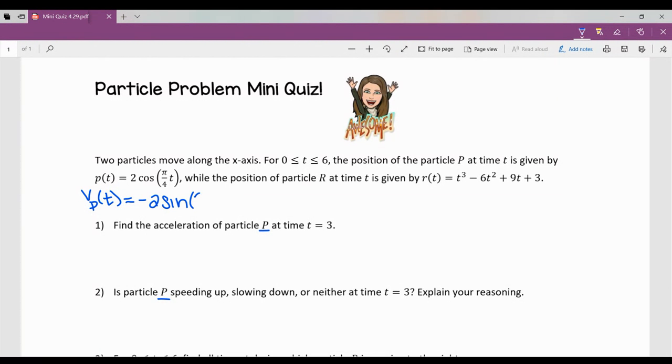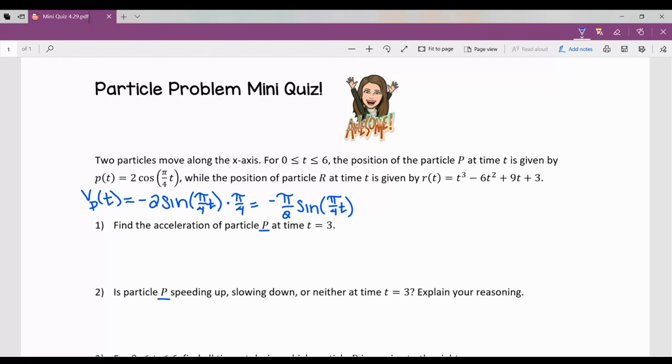I keep the inside the same. Then I multiply by the derivative of the inside, which is pi over 4. So that equals negative pi over 2 sine of pi over 4t. Okay, so that is my velocity function.